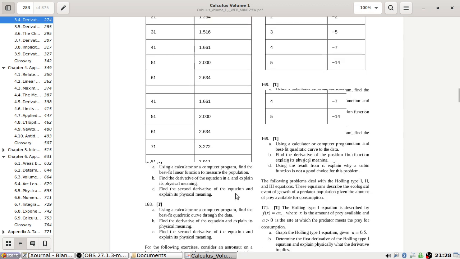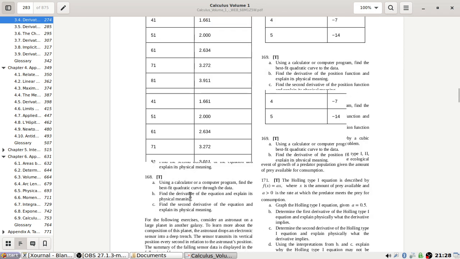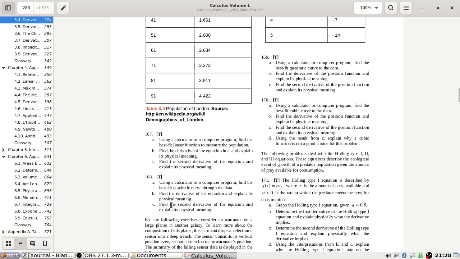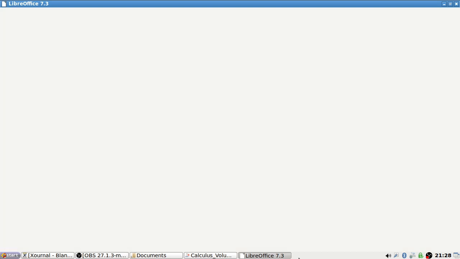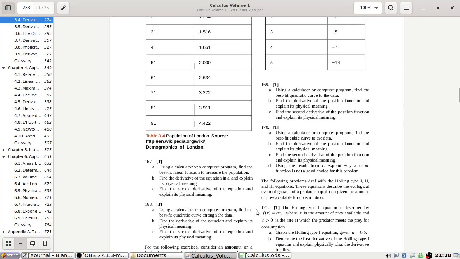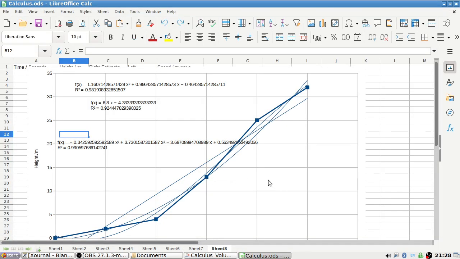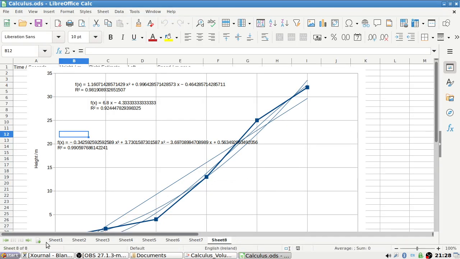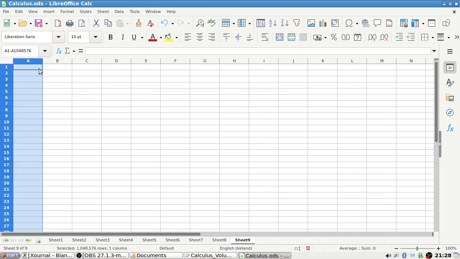Okay, and then it's quadratic. And then is it going to go cubic? No. Okay. Right.